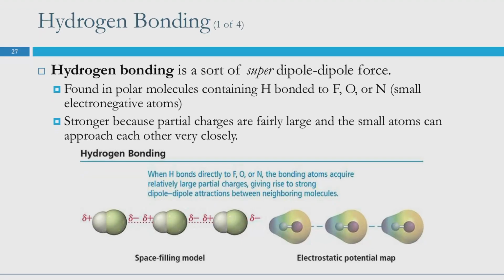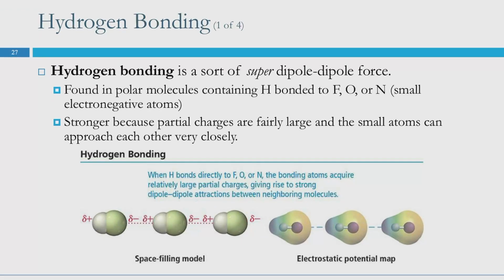Okay, hydrogen bonding. We will often think of this as a super dipole-dipole force. That means it's stronger. So this is a stronger dipole-dipole force, more selective than just being polar.